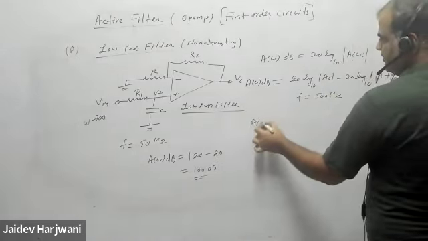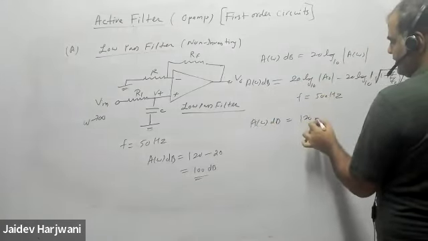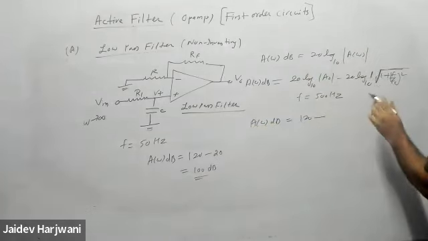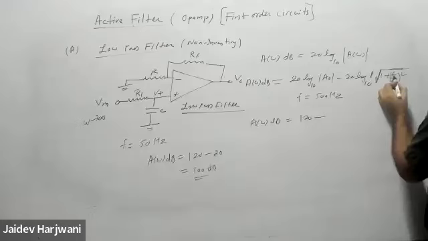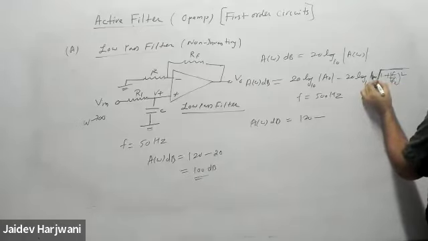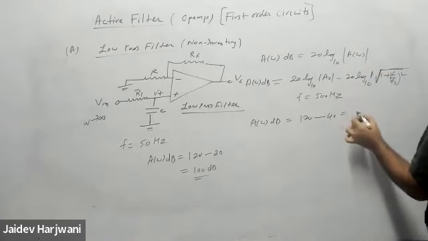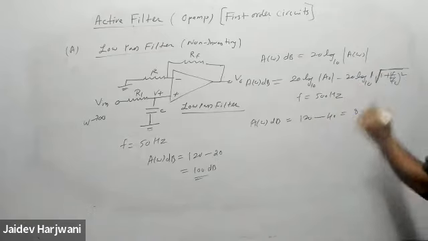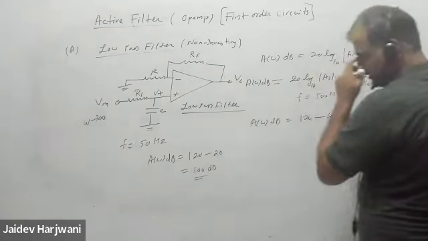The gain in dB remains 120 minus 20 log of this, which is 100 times fc, so this is 10 to the power 4, 10,000. Log 10 of 100 is 2, so 2 into 20 comes to 40. So it will remain 80 dB. So the gain is reducing by 20 dB.